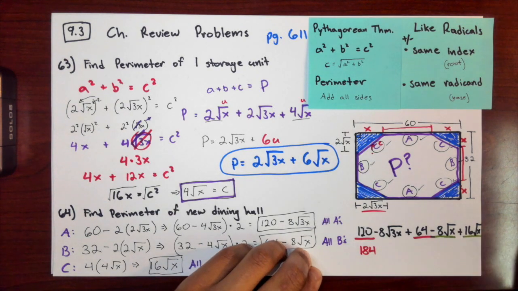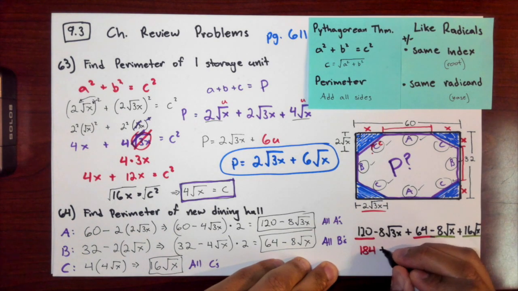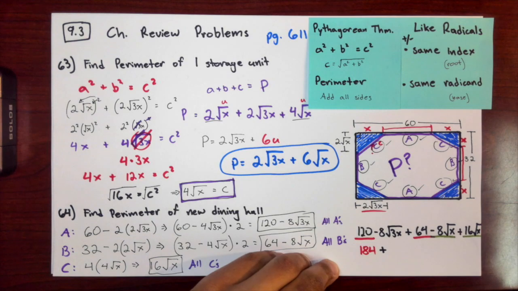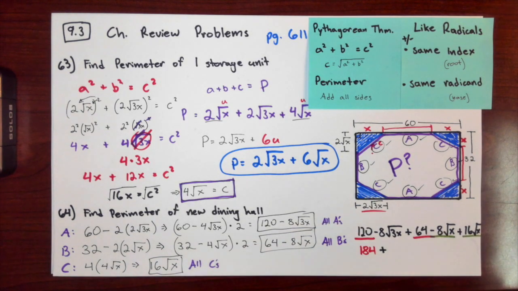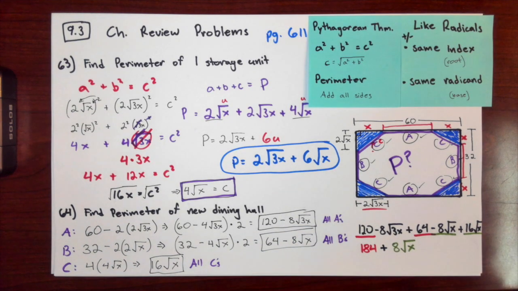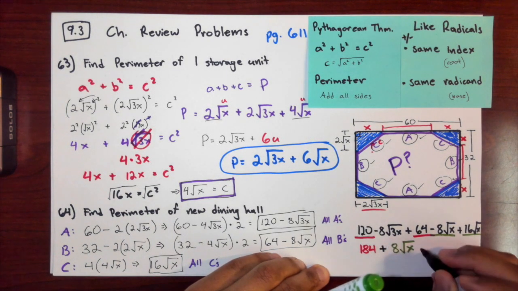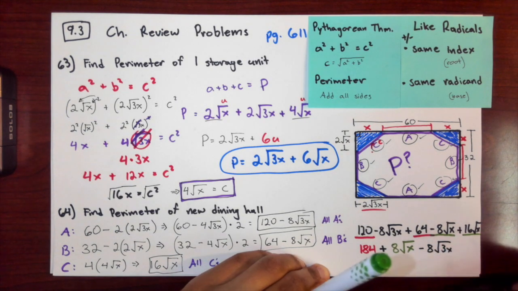Okay, and then we're going to add that to whatever the green was, which is negative 8 square root of x plus 16 square root of x. That's just going to give me 8 square root of x. Okay? And then finally, the last part here is just to add whatever was left over, which is that negative 8 square root of 3x.